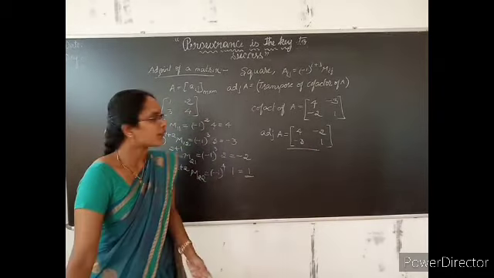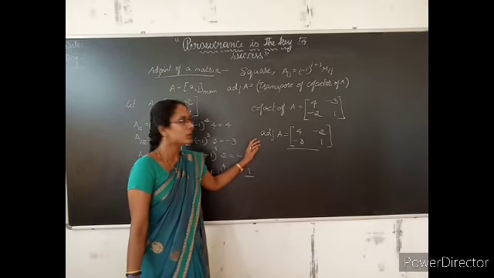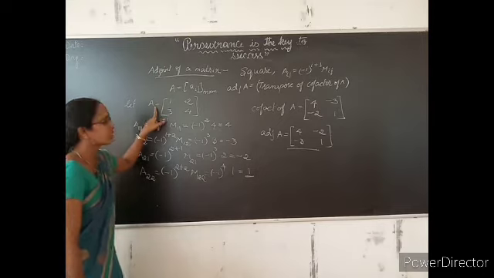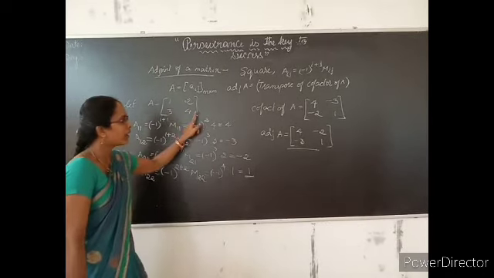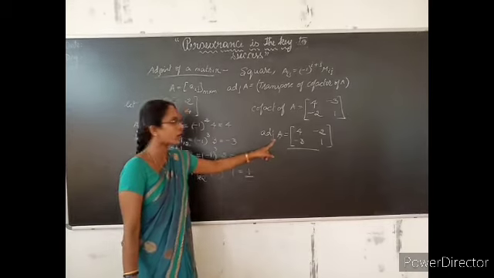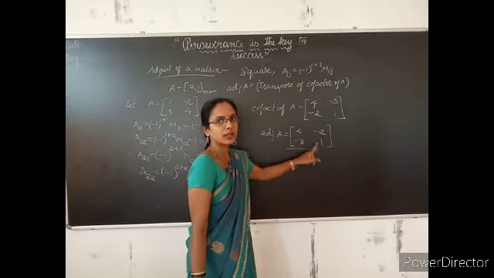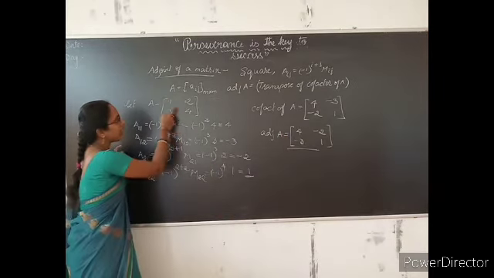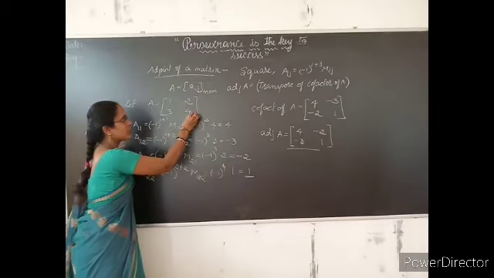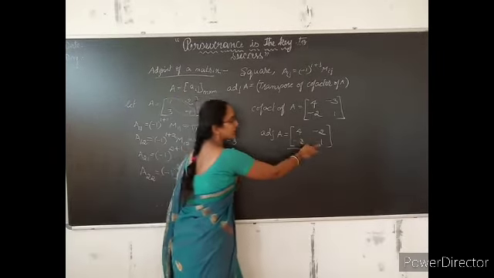We can easily find the adjoint of a 2 by 2 matrix. Note that this is the matrix 1, 2, 3, 4 and this is the adjoint of A: 4, minus 2, minus 3, 1. The difference between these two is diagonal elements are interchanged.